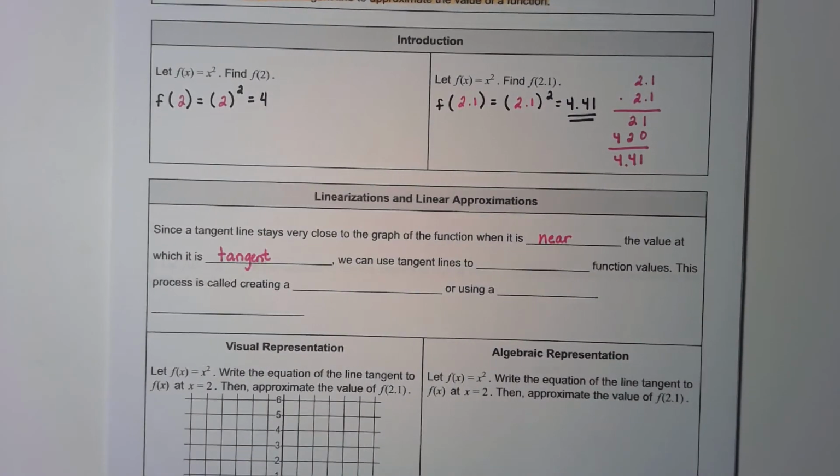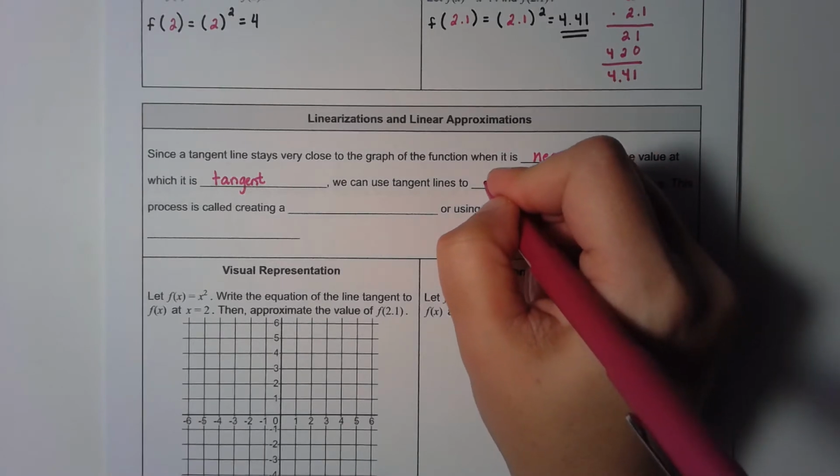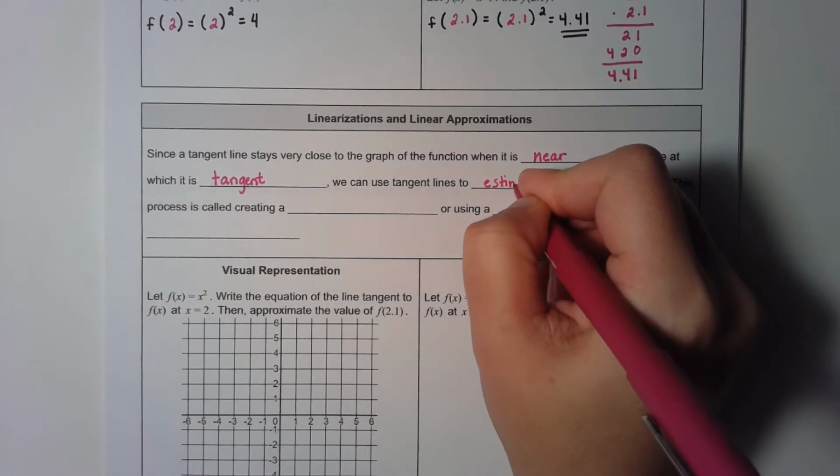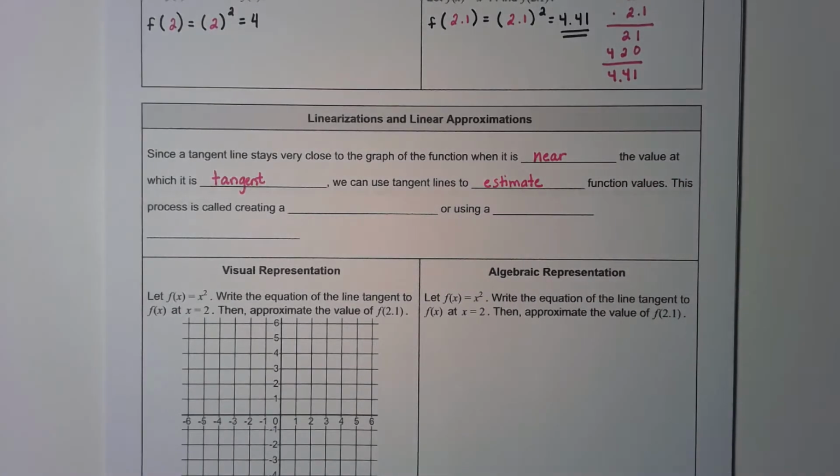So we're near the value at which we are tangent. We can use tangent lines to estimate function values. So because the tangent line is close to the actual graph, we can use the tangent line to estimate the values on the actual graph or the actual function.